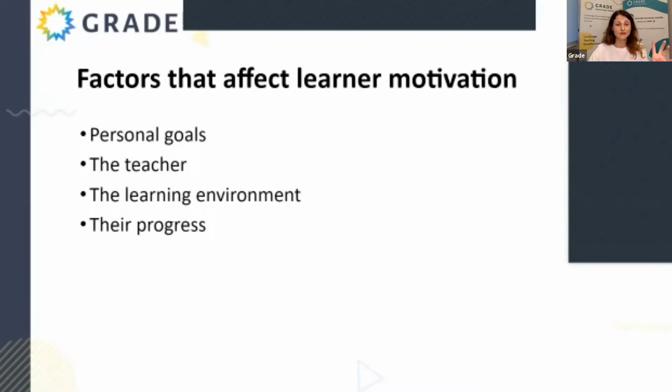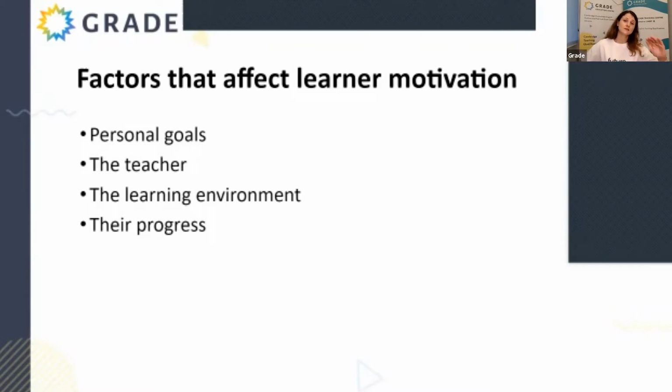It's not like if we have one or two, the others are not important. Those are basically pillars of learner motivation. Oftentimes, that's not the comprehensive list. There can be much more, but those usually work together.